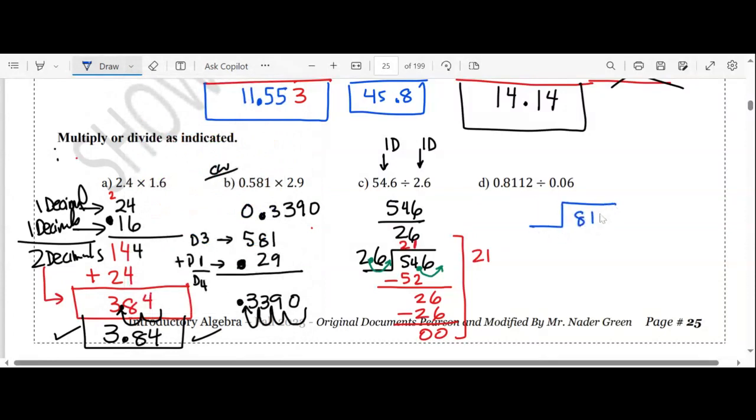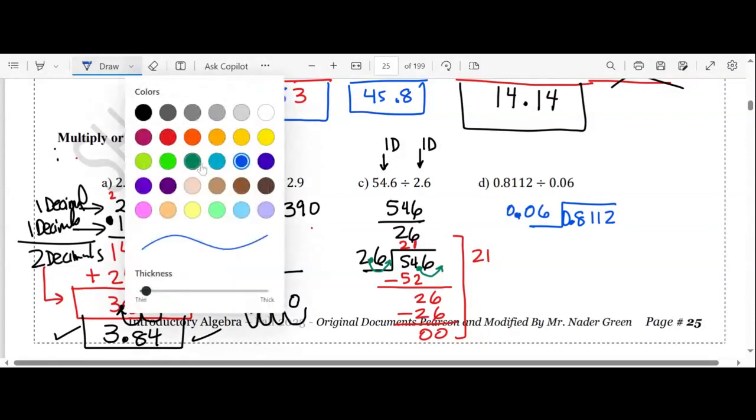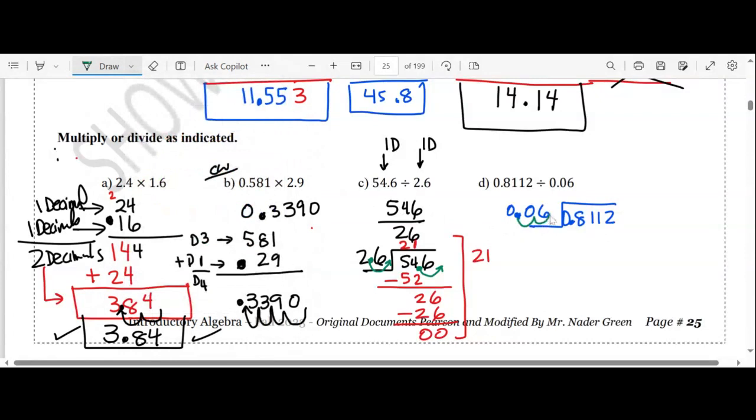Divide what? 8, 1, 1, 2, and here what? 6, right? And what is the decimal place? Here, right? How many do I have to move here on the right side? 1, 2. Then I have to move here how much? 1, 2.